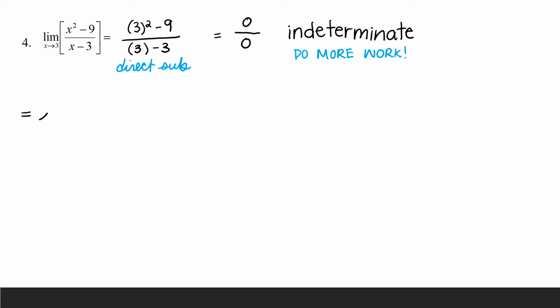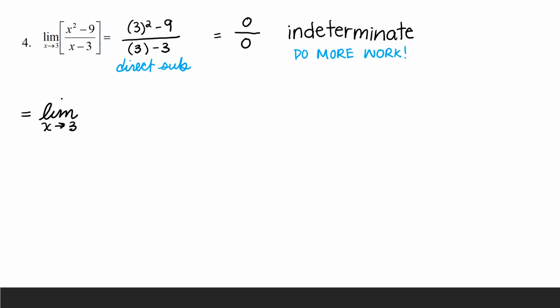Notice that I am writing this limit as x approaches 3 because I have not yet evaluated that limit. Before you evaluate a limit, you can't stop writing it. That would be the same as having 5 plus 3, and then you decide, you know what, I don't feel like writing that plus 3 anymore. I'm just going to write the 5. It's not the same expression anymore. The limit is important.